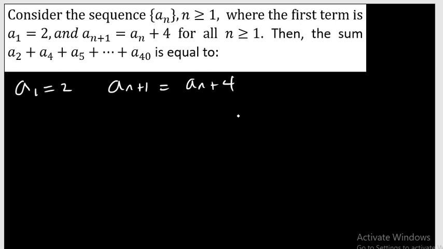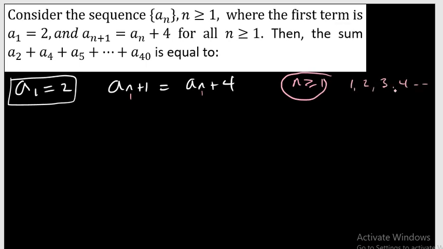Then the sum of a2 plus a3 plus a4 plus until a40 we are asked. Okay, we know a1. What about a2? How to get it? Let us insert 1 here, and here also 1. Because it says n greater or equal to 1, it means we can insert in place of n any numbers like 1, 2, 3, 4.